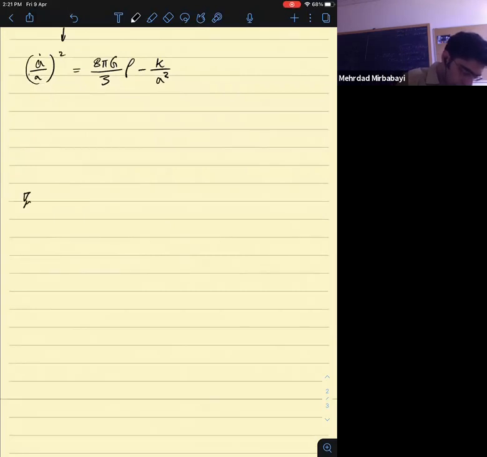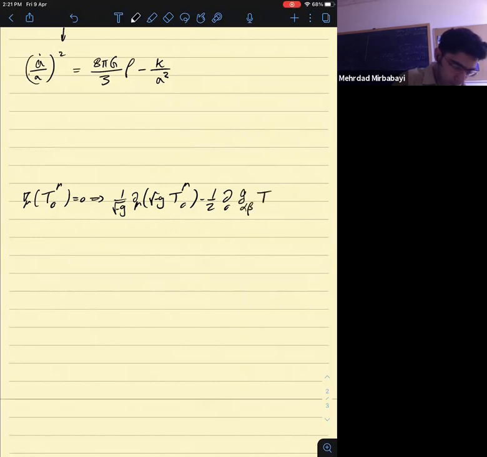And then from the conservation of T mu nu, maybe I can derive it here. We have del mu T mu 0 equal to 0, which we can write as 1 over square root of minus g, d mu of square root of minus g T mu 0, minus 1 over 2 d0 of g alpha beta T alpha beta, equal to 0.